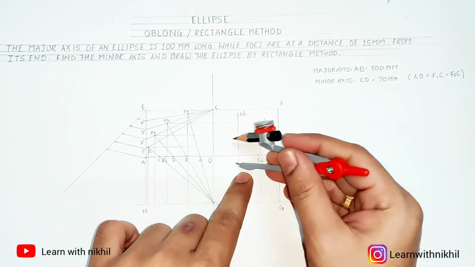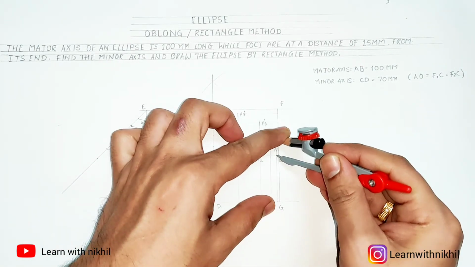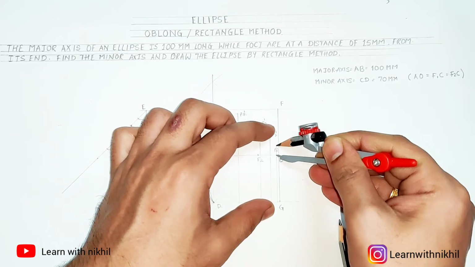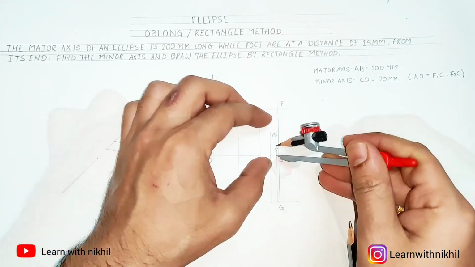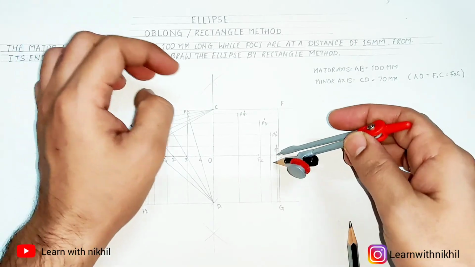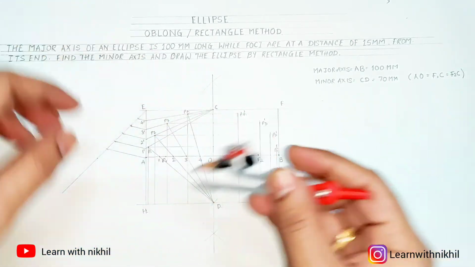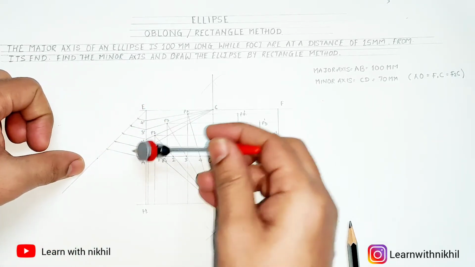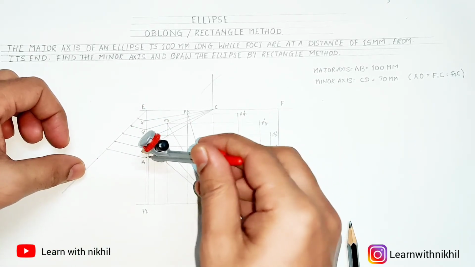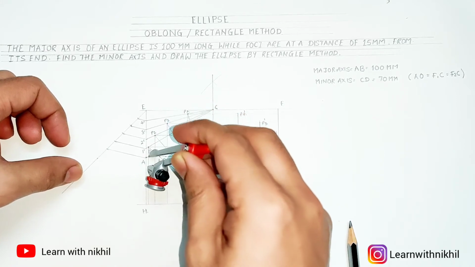Take the distance from this line till P1 dash and mark it downward. Now with same distance you can mark it on the opposite side as well, as this distance is also same. So we'll mark it on the bottom side, same distance.